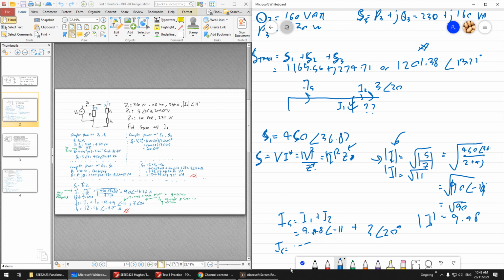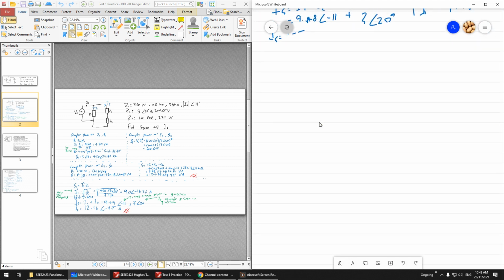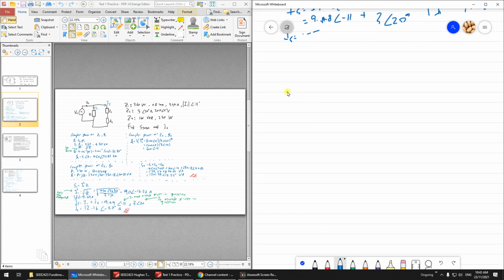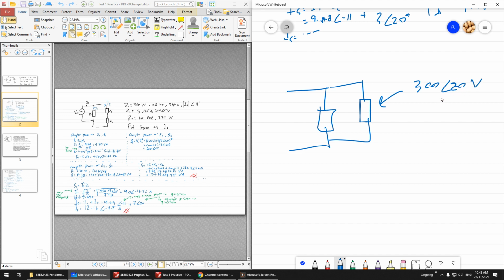Make sure you know how to interpret the data. If you are given a circuit something like this, for example, if they give this data, for example 300 angle 20 volts. If the voltage here is 300 angle 20, this one is also 300 angle 20 because this is in parallel.